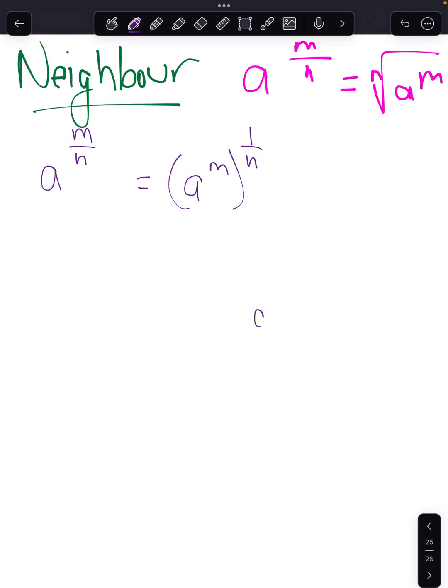Because we know that if we have a to the b raised to the c, it's just the same as a to the b times c. From the previous slide, we saw that something to the power of 1 over n is just the same as the nth root of that something. So this is then the same as the nth root of a to the m.